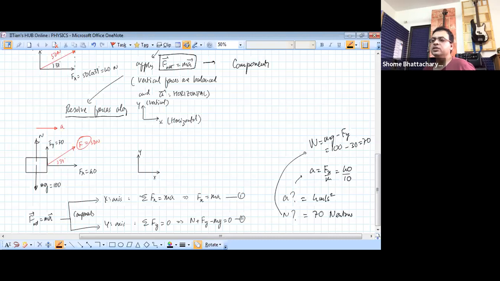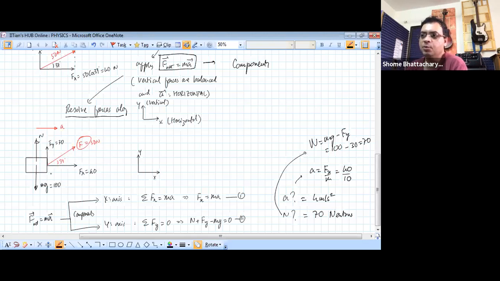Because we have applied the force in a diagonal direction, the vertical component of the force, 30 newtons, is reducing the amount of pressing between the ground and the body. Earlier the body was pressed against the ground with a force of 100 newtons, which was its weight. But now we are taking away from the weight to a certain extent, because the force F is in a diagonal direction.